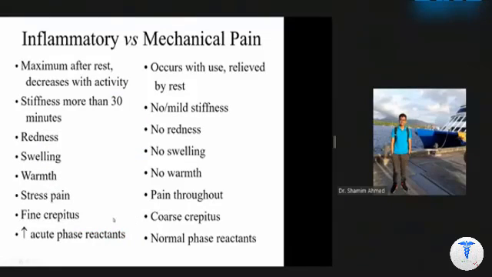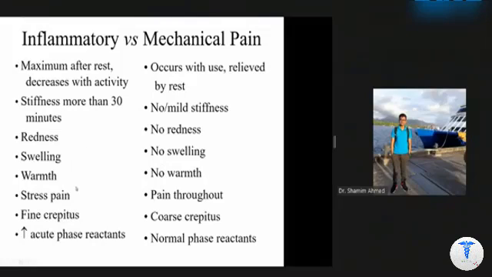Now, I'll discuss how we can differentiate inflammatory and mechanical pain. Inflammatory pain is maximum after rest and decreases with activity, whereas mechanical pain occurs with use and is relieved by rest. Inflammatory pain has morning stiffness of more than 30 minutes, but mechanical has no morning stiffness or mild morning stiffness, and it may be less than 30 minutes. Inflammatory pain has redness, swelling, warmth, but mechanical pain has no redness, swelling, or warmth.